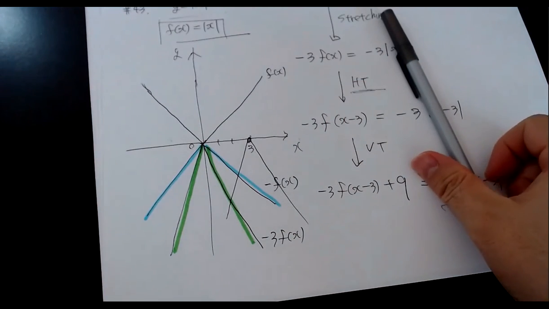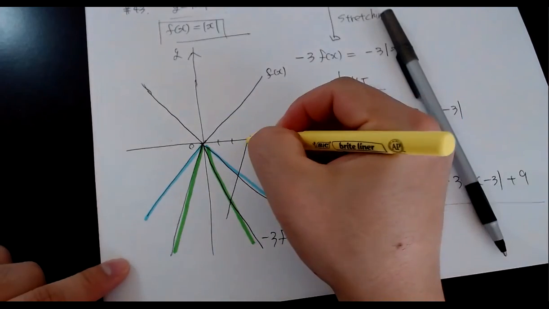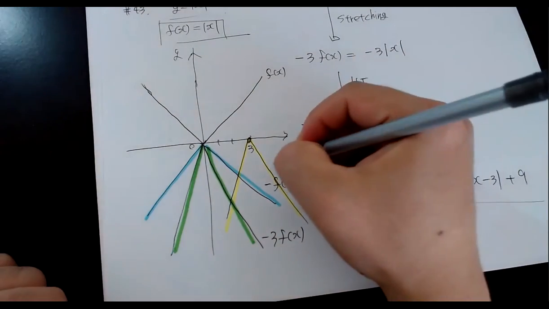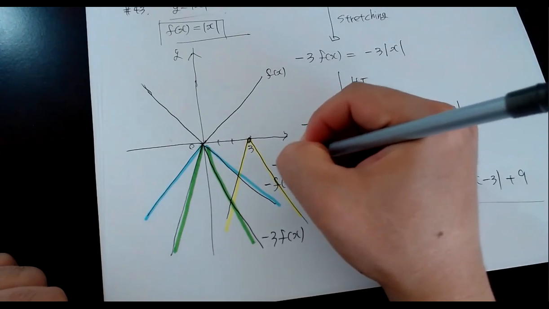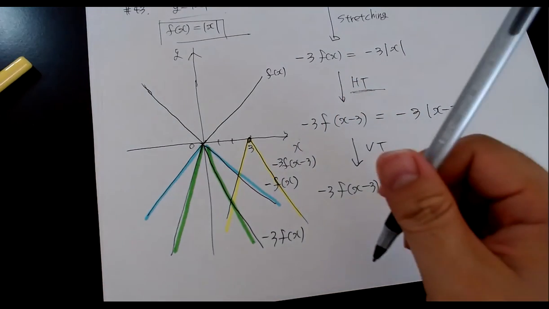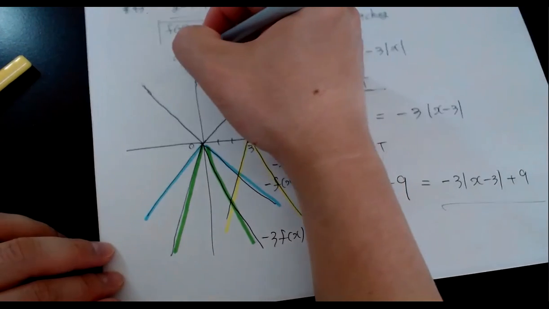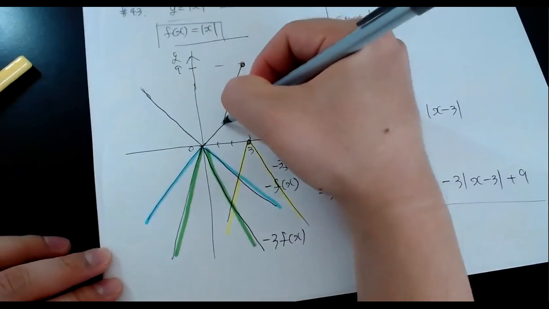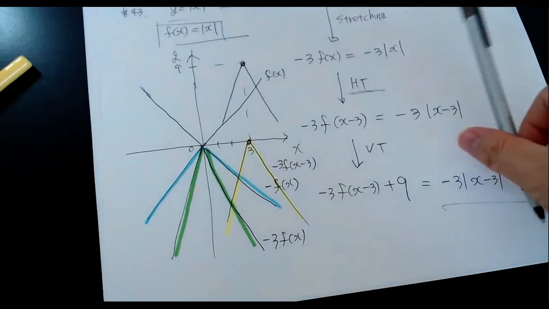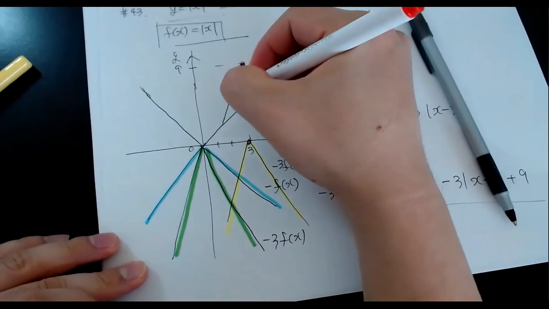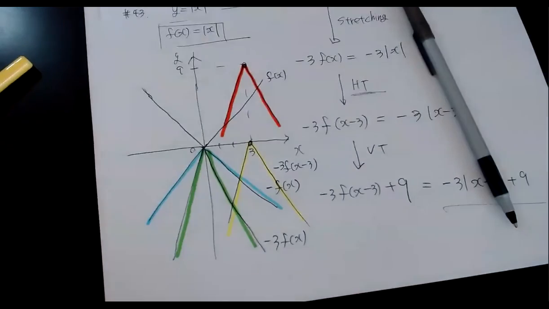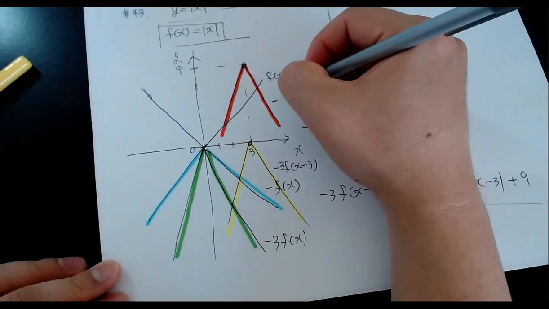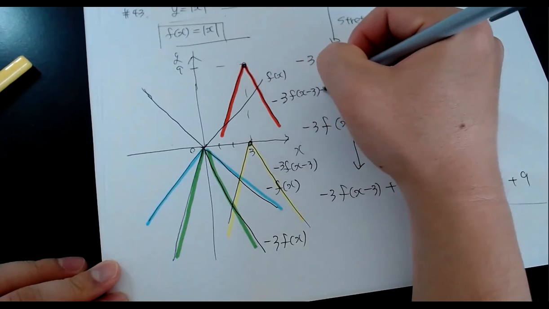Okay. We got this. That's the negative 3 f of x minus 3. And then for moving upward 9 units, here's 9. So we get this. So that's negative 3 times f of x minus 3 plus 9.